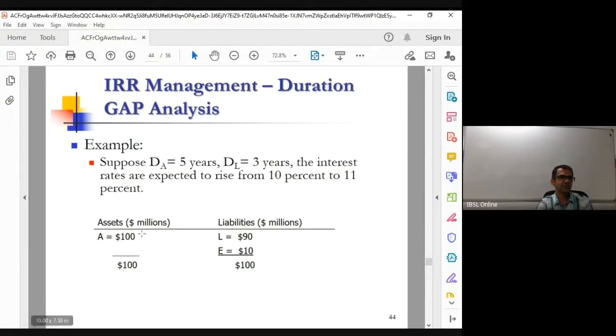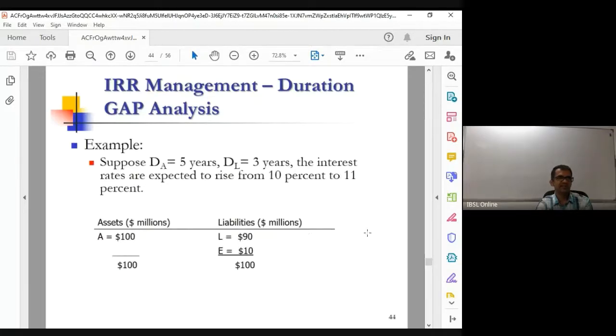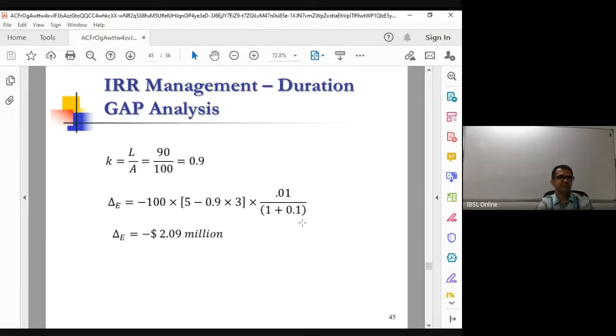There are assets of 100 and liabilities of 90, then the equity is 10. This information is given. Then what is the leverage? 90 over 100, liabilities over assets. So the leverage ratio is 0.9.